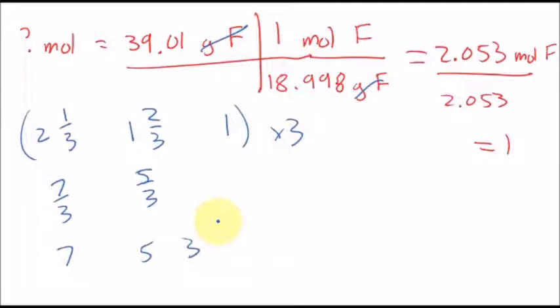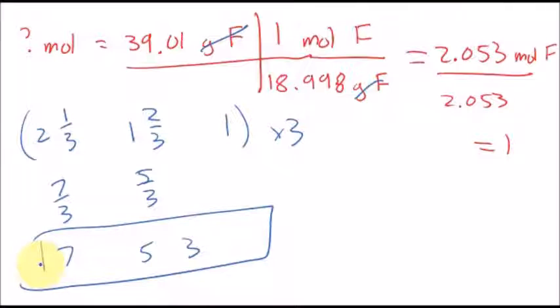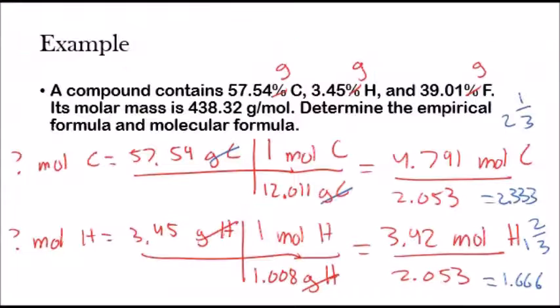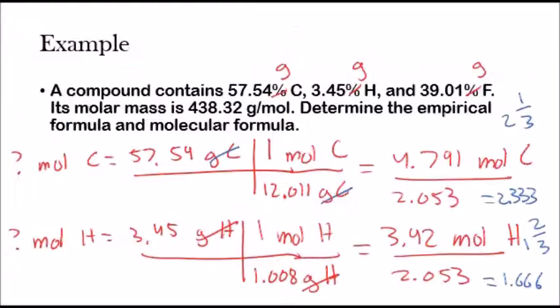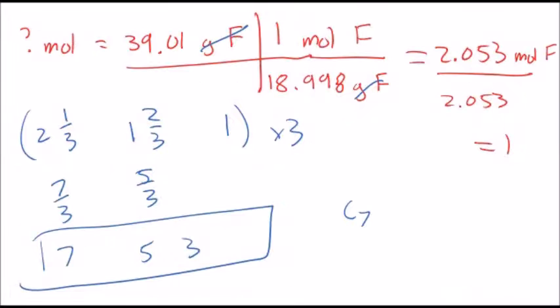So these numbers here are the numbers we're going to use for our empirical formula. So I'm going to say the empirical formula of this compound is C7H5F3. This is the empirical formula.